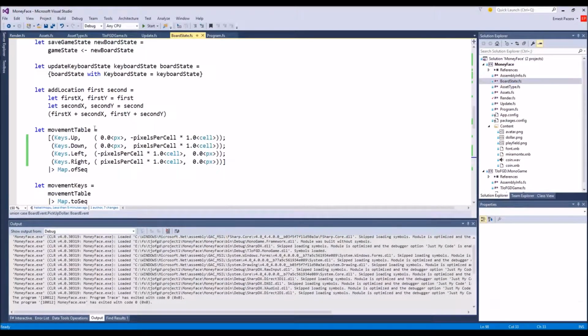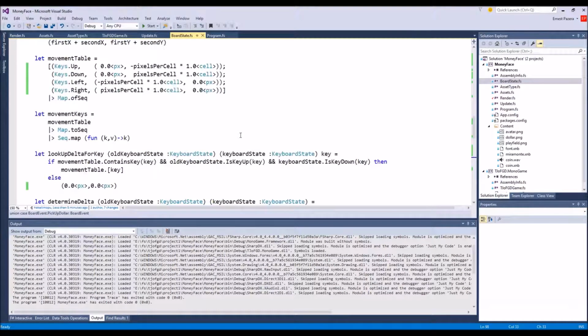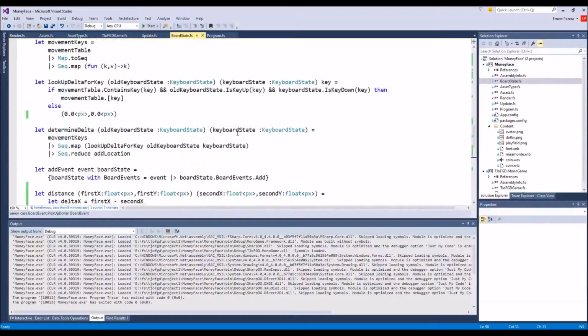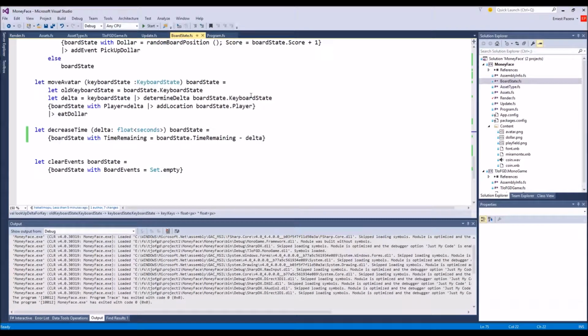So here's the movement table. For these keys, we have all that, and so anymore, I don't want, let's go delta for key.